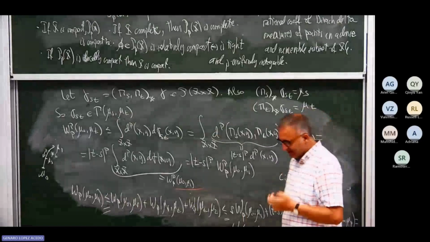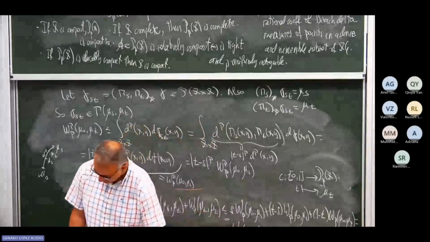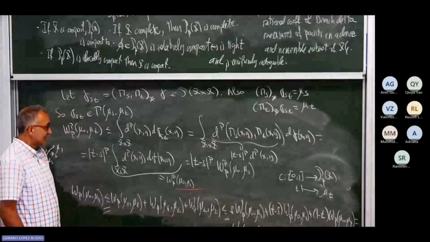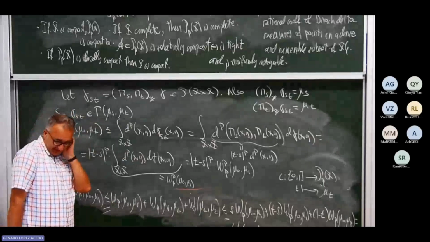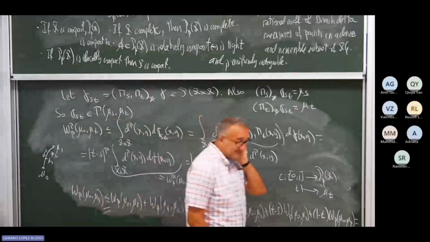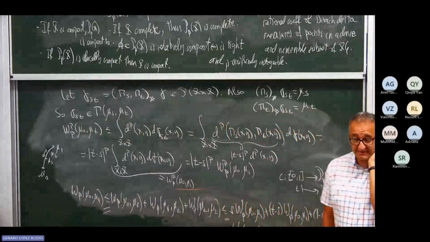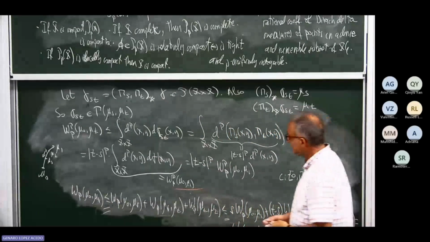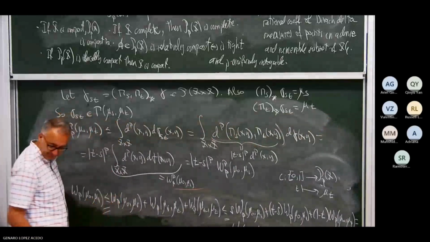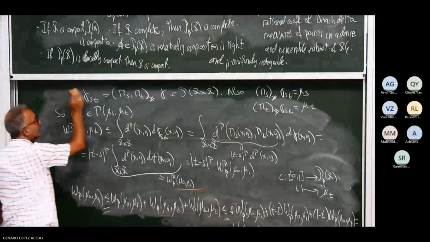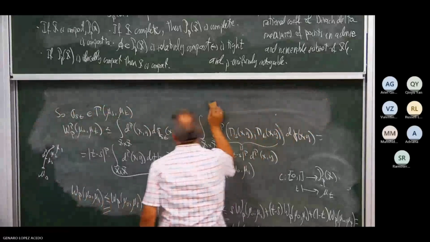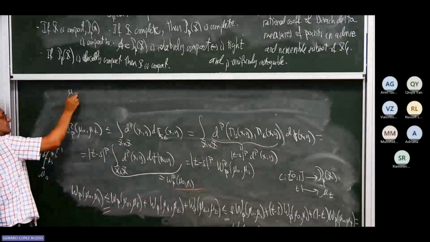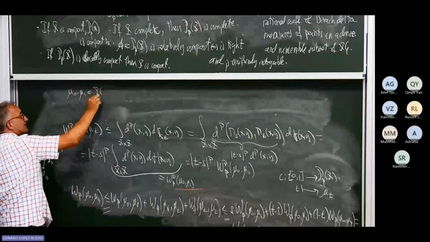Now, I will finish soon. We already have an hour, but I will finish soon because there are just a couple of details left. What is interesting about this geodesic that we just constructed is that we took mu0 and mu1 here.